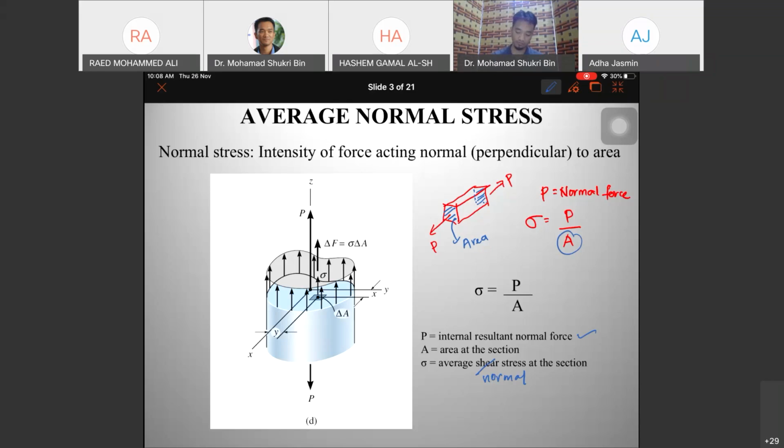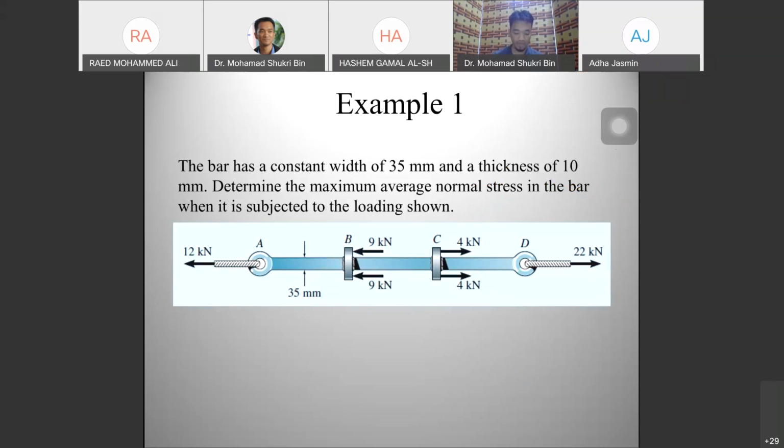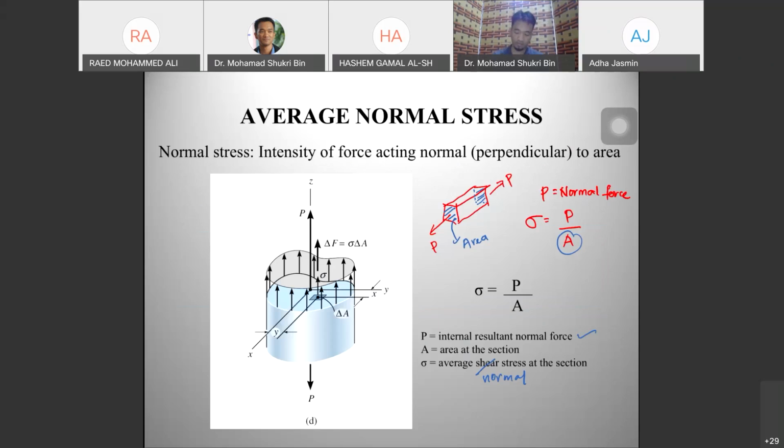So for example, we have a bar with a constant width of 35. Before that I go to units. What are the units? Force is Newton and A is meter squared, so this is Pascal.